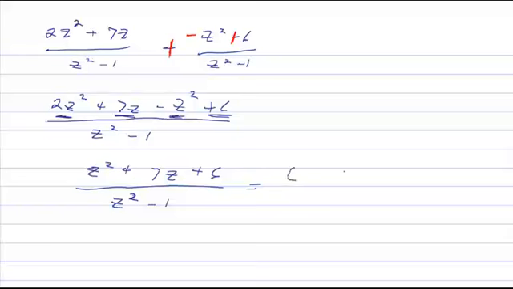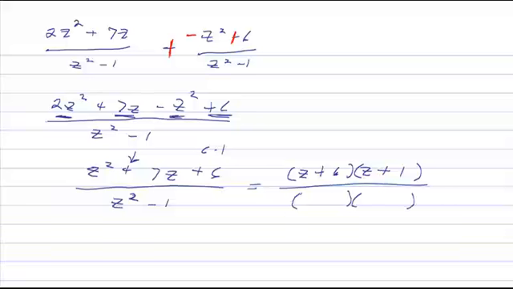The numerator has 3 terms, so we're going to set up our double parentheses. Leading coefficient is 1, so we know this. Last term is positive, so both signs have to match the middle term. And we want factors of 6 that add up to 7. Well, 6 times 1 is 6, and they add up to 7. Doesn't matter which goes where. Denominator, 2 terms, GCF or difference of squares.